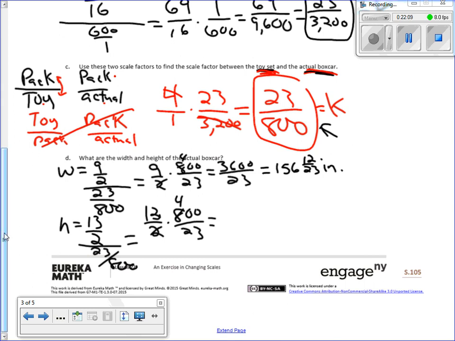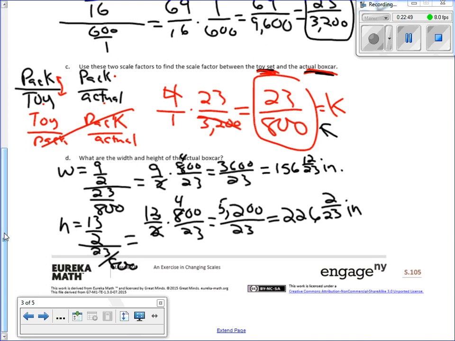And 13 times 4 is 52, so 5,200 divided by 23. If I do long division, 5,200 divided by 23, it will come out 226 with the remainder of 2. So 226 2/23 of an inch. Those are the width and the height of the actual boxcar.